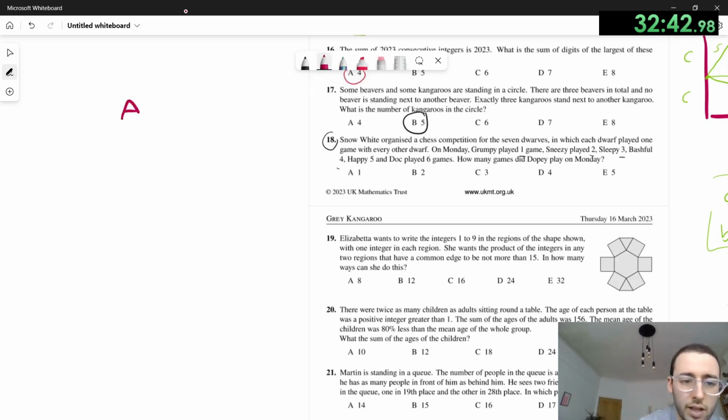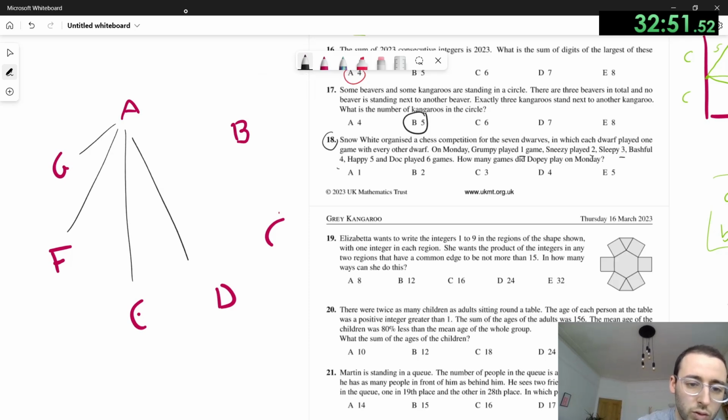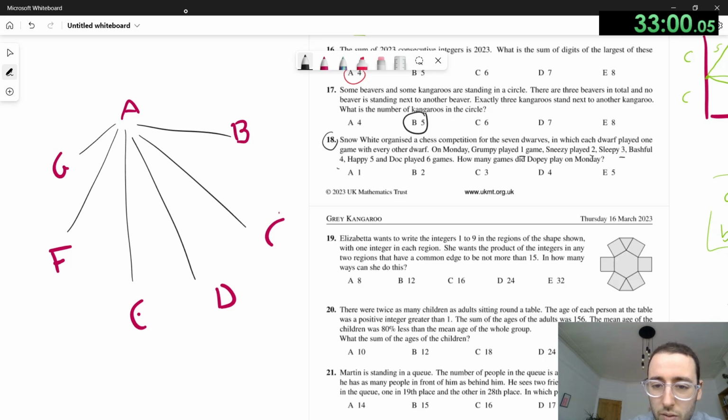So we've got A, 2, 3, 4, 5, 6, 7. But how can they all play each other? Doc played 6 games. Grumpy only played 1 game. So let's just leave Grumpy there.